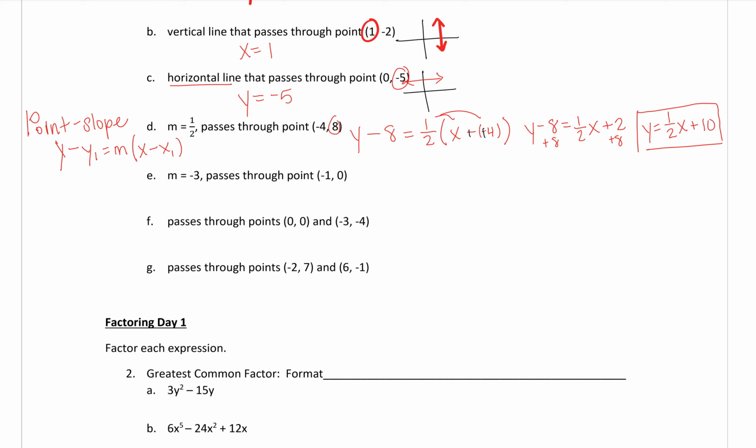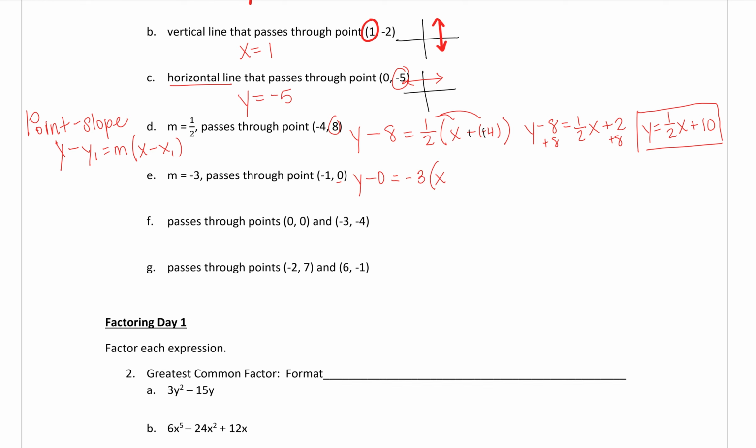All right, for question E, again, I'm given a slope and I'm given a point that it passes through. So I know I'm going to use point slope form. So again, I have y minus, in this case, my y1 is going to be 0. So y minus 0 equals, my slope is -3.